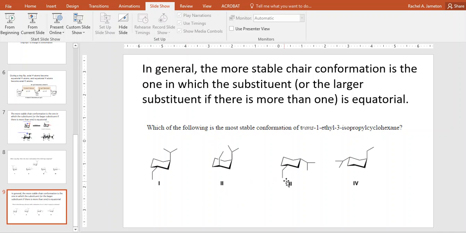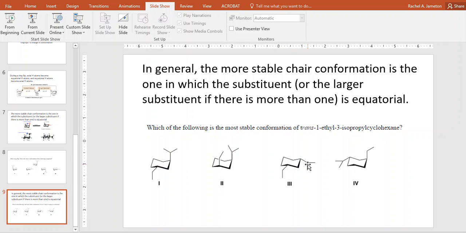Both 2 and 3 are cis. 3 is actually the most stable out of these molecules, because both of the substituents are equatorial. But you're asked for a trans molecule, not a cis one.